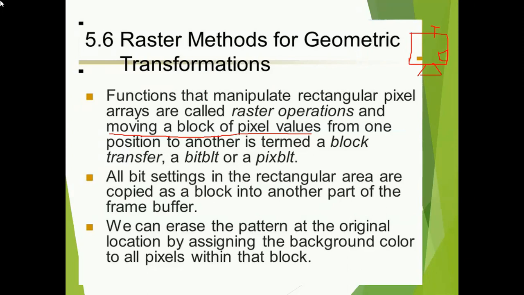So in these raster methods, we can erase the older object that was displayed earlier, erasing the pattern at the original location by assigning the background color to all the pixels within that block.